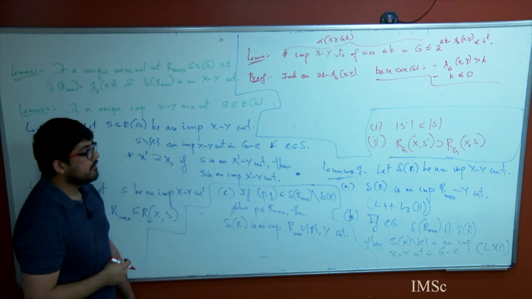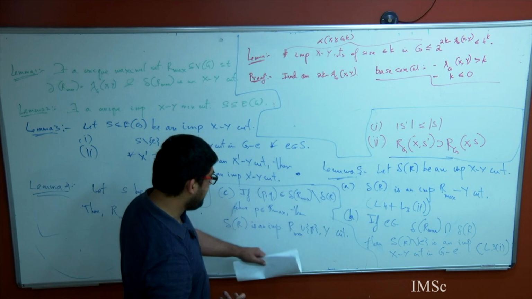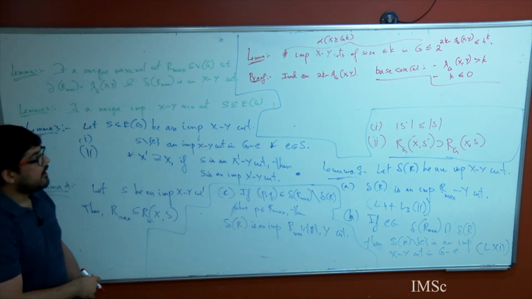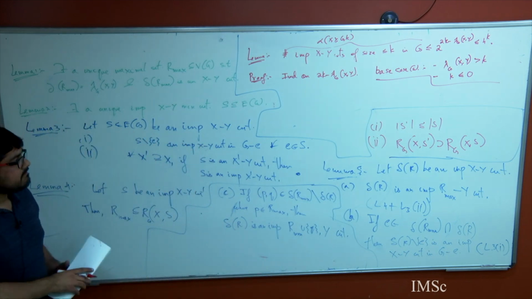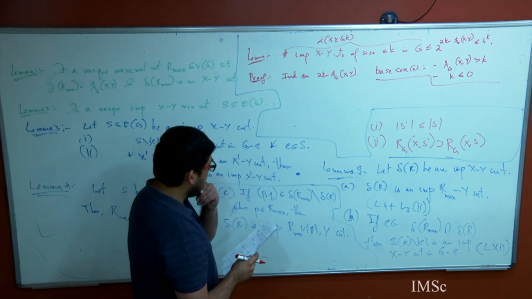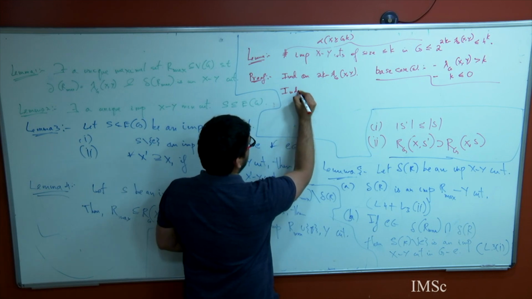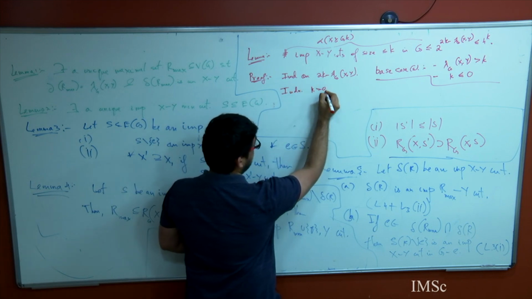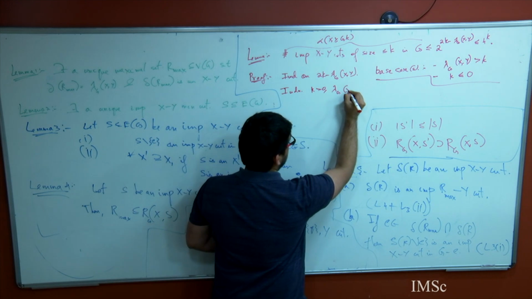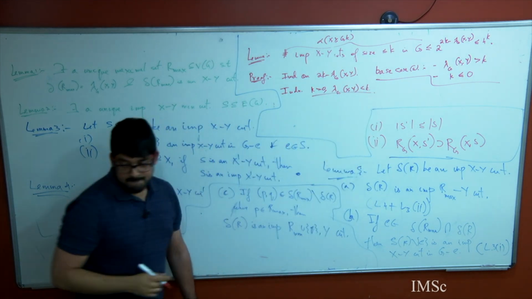Now let's look at the induction step, and let's try to use lemma 5 to prove this. So now you have induction, k is greater than 0, lambda xy is less than k.